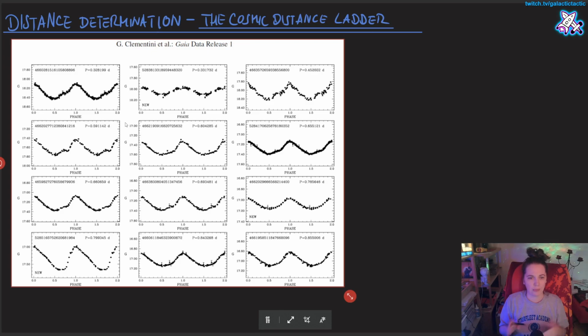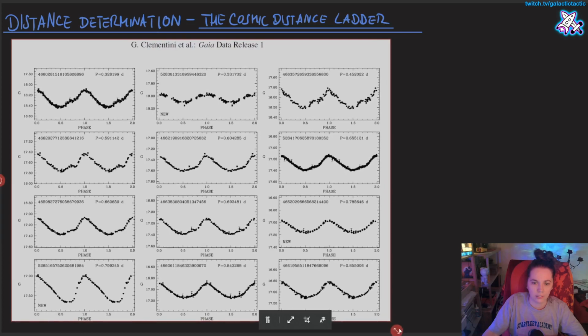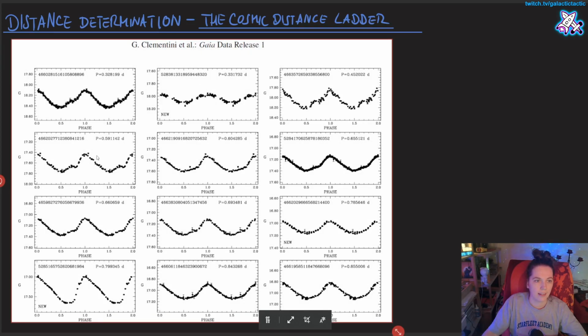It's given in terms of phase, but the period is noted on top. This is also in the G band, so the light is filtered through a band, it's not all of the light. Here you can see the period, and here you can see the magnitudes.